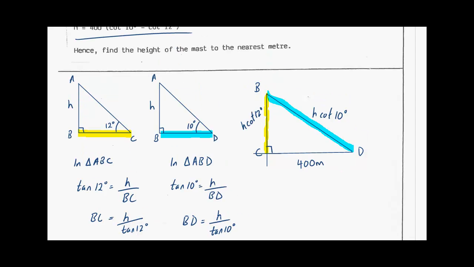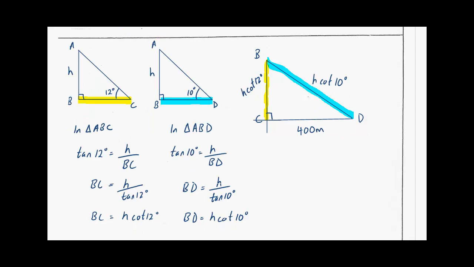So what that means is that we're going to get 400 squared is equal to the hypotenuse squared, so H squared cot squared 10, minus the shorter side squared, so H squared cot squared 12 degrees.